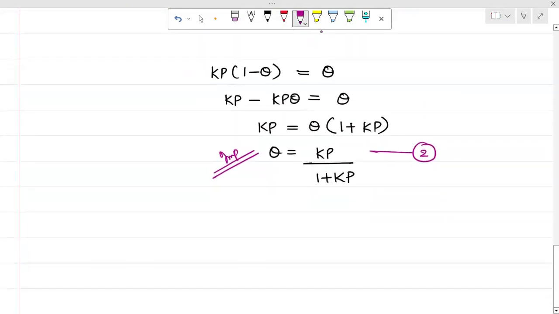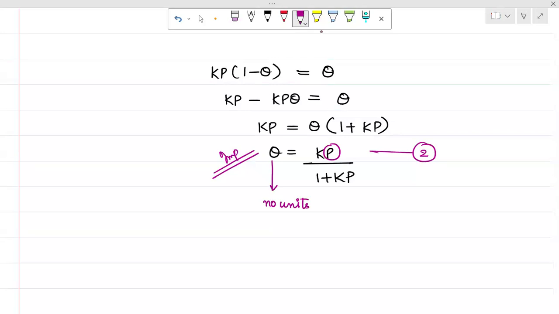Now understand that over here, theta has no units. This is the number of active sites divided by the total number, so this has no unit. So on the right hand side also, you should get something that has no unit. On the top, we have pressure. Pressure can be in bar or atm, and you are multiplying it with something whose unit you don't know.